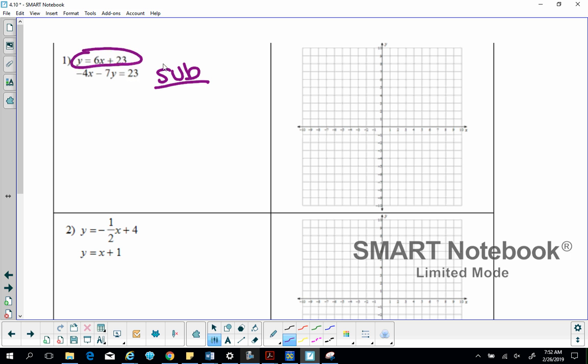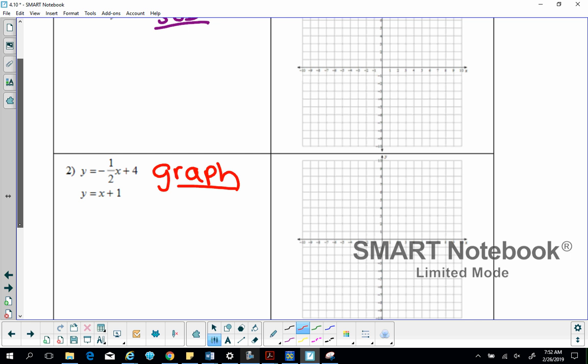Perfect. You can raise your hand and tell me. Actually I'm going to call the next one. Tiana, what did you get for the next one? Graphing. So it would be easier to graph here, especially because there's a fraction involved. You could also use substitution, but you would probably want to turn the fraction into a decimal. So I would take graphing. You can also put substitution because one or both are solved for a variable.